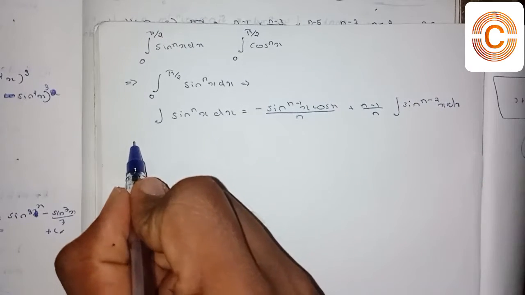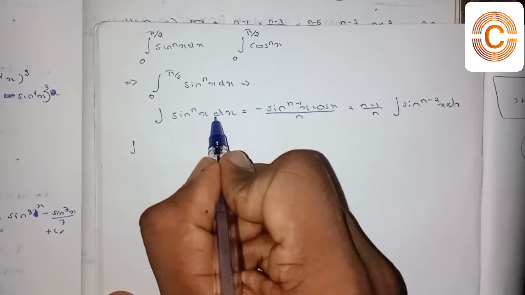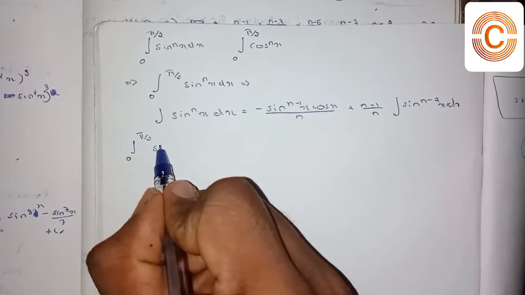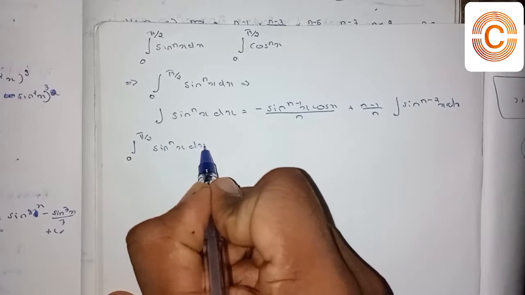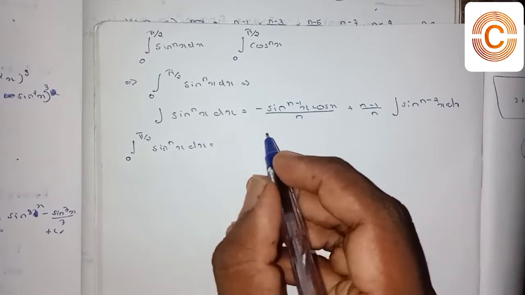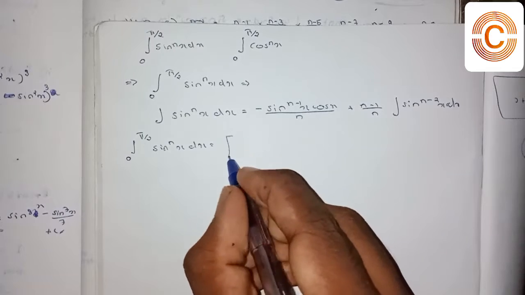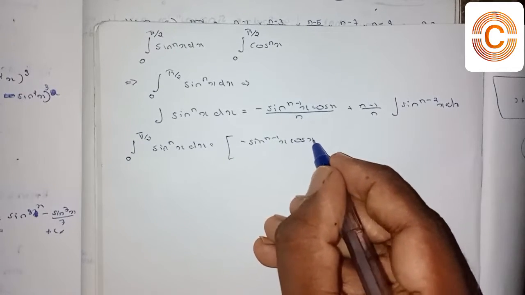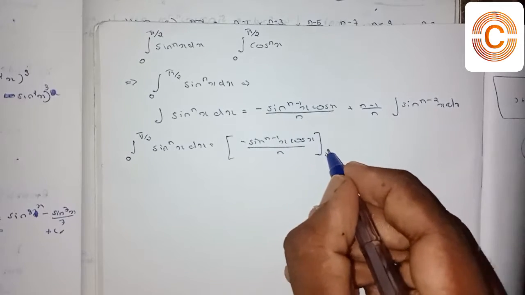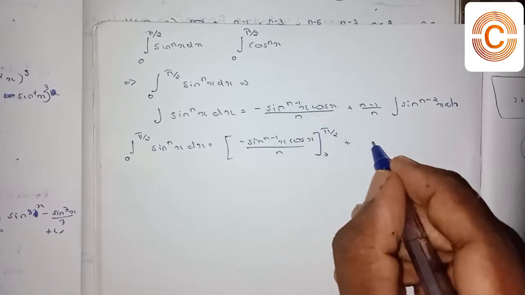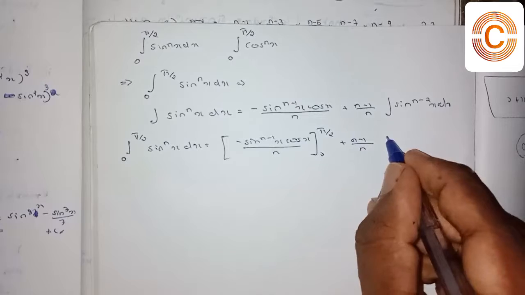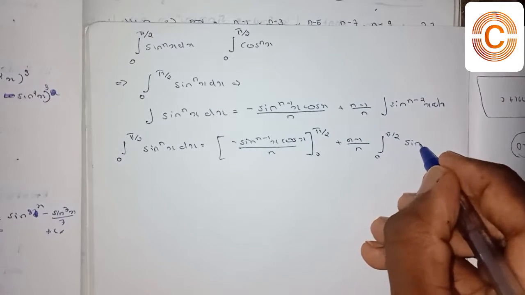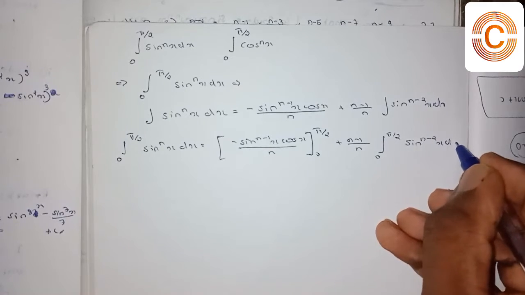Here we want to find not the indefinite integral but the one with limits, that is the integral from 0 to pi by 2 of sin^n x dx. Putting in the limits, that implies minus sin^(n-1) x cos x divided by n with the limit 0 to pi by 2, plus (n minus 1) divided by n into the integral from 0 to pi by 2 of sin^(n-2) x dx.